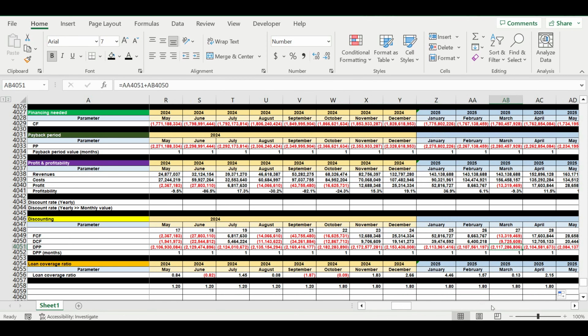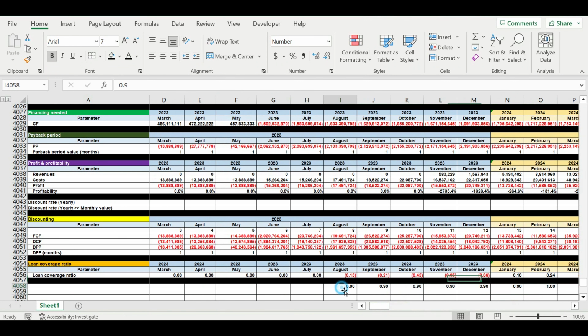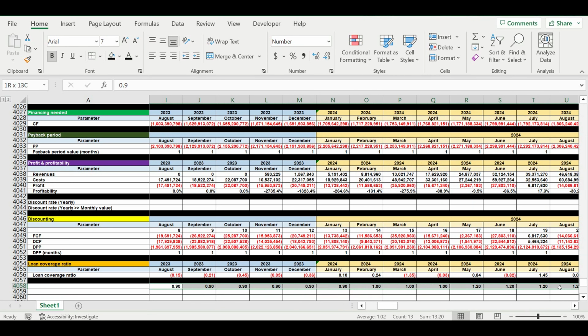So usually the business starters look at the first several months of operating activity and see how the loan affects the operating profit.